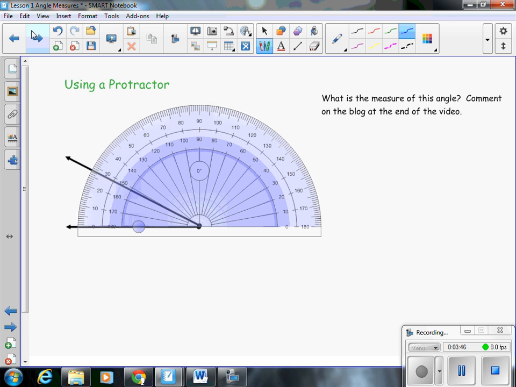All right, here's another angle, but it's going the opposite way. The bottom of the angle, the one ray, is still lined up with my 180 degrees and my zero line, but it's facing the opposite direction. So I want you to look at this angle and this protractor and tell what is the measure of this angle. When you're all done with the video, you might want to write it down on a sticky note or on a piece of paper right now.